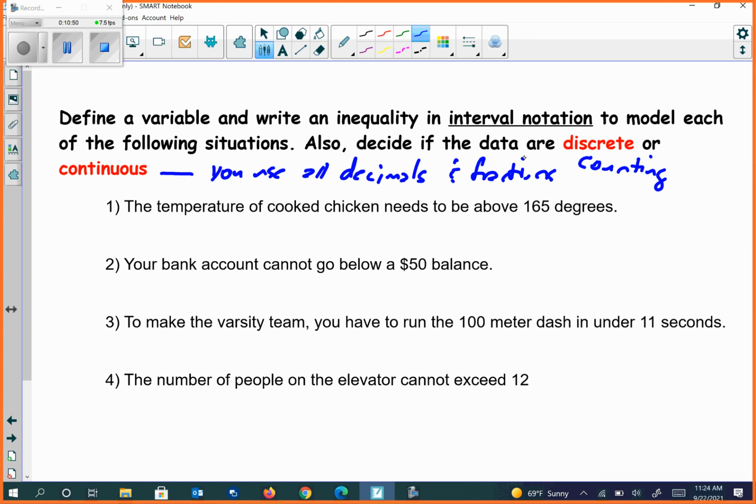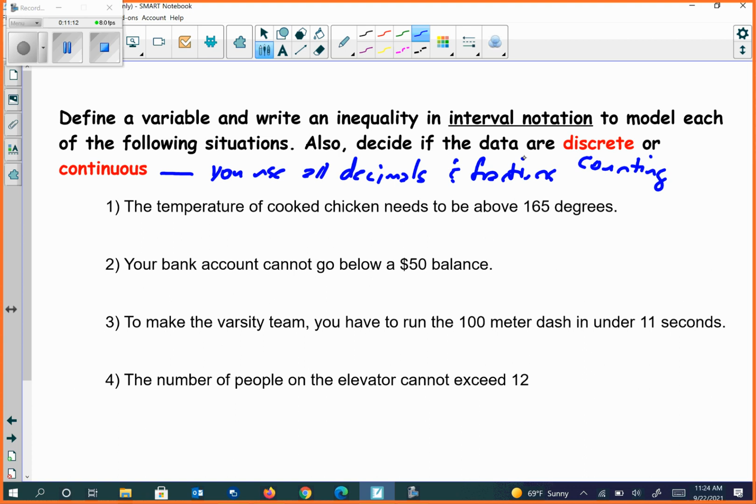But time itself, unfortunately, we don't have an old clock that shows the second hand going around. But you have fractions of seconds that exist. So time could also be continuous data, though continuous can look like discrete because it depends on the accuracy of our stuff.